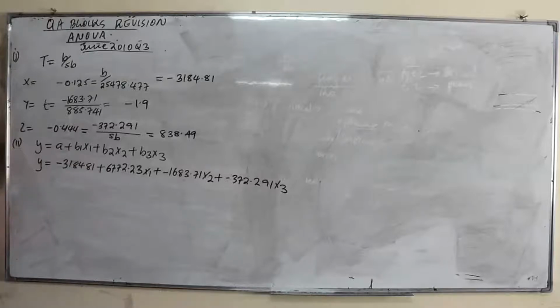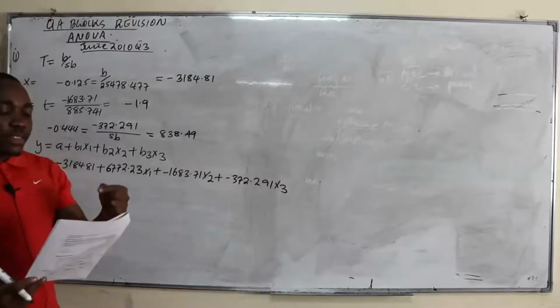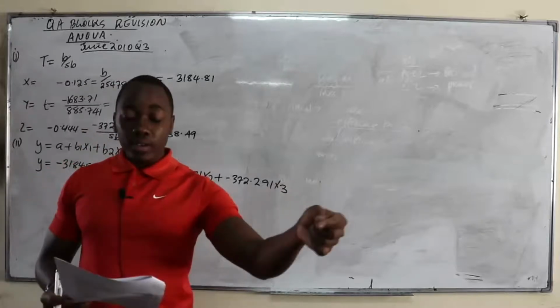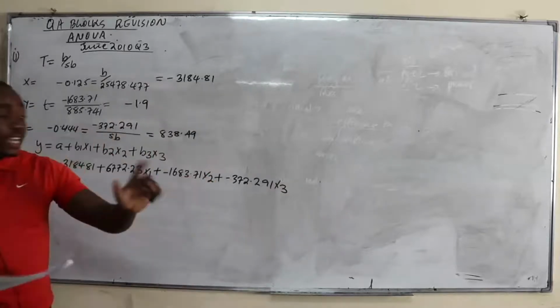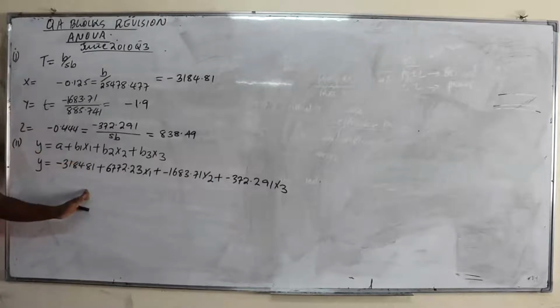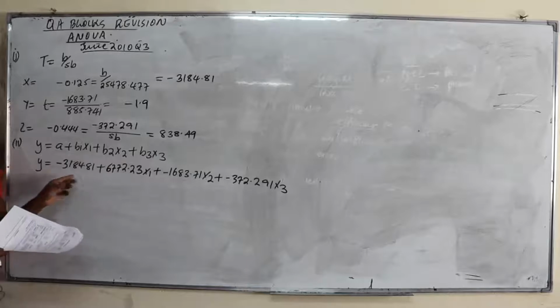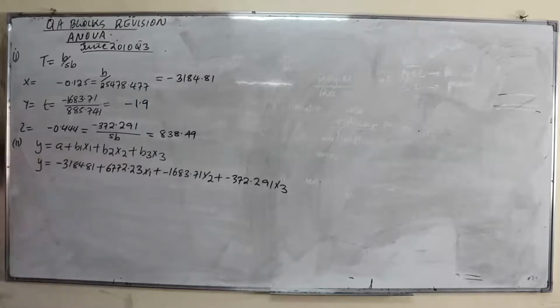Can you read the question again? The model to predict the number of mortgage loans issued. So our Y is the number of mortgage loans issued, and A is the constant. Now, how do we interpret this? This is A, so this is the decrease in the number of loans issued due to other factors not in the model.